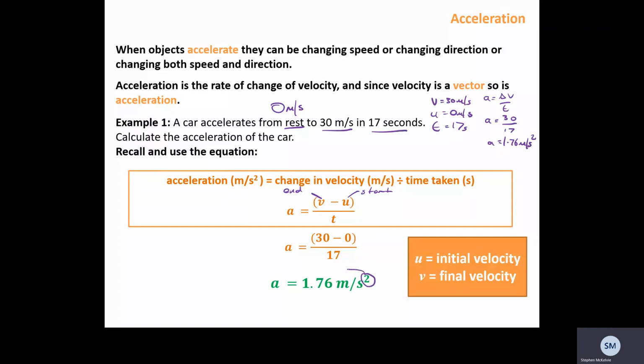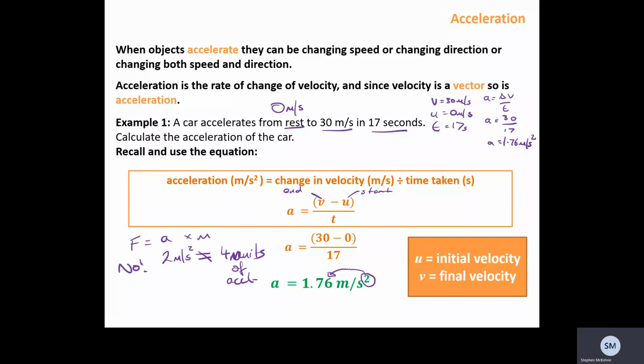This squared does not mean that you have to square that number. If you're given an equation like this, with acceleration in it, and acceleration is 2 meters per second squared, that does not equal 4 units of acceleration. That's just there for acceleration.